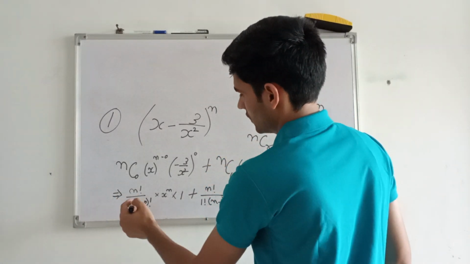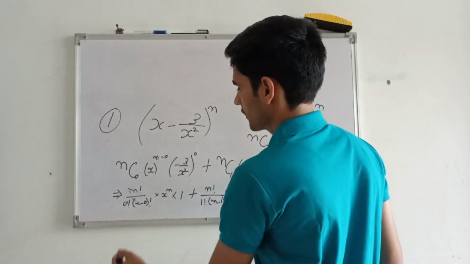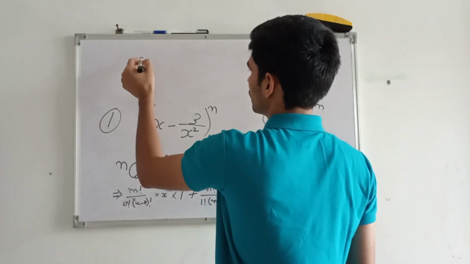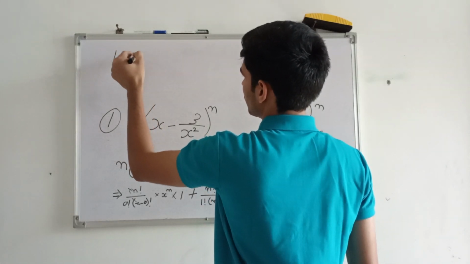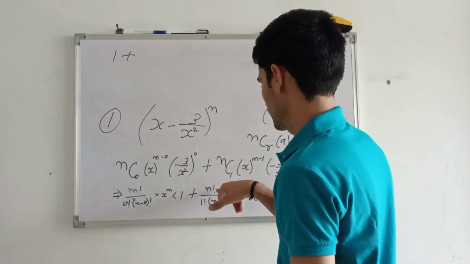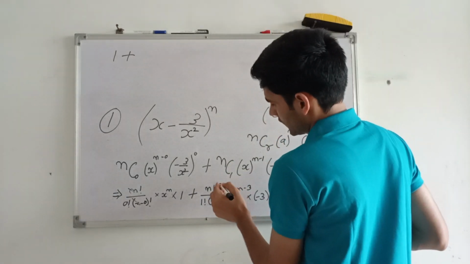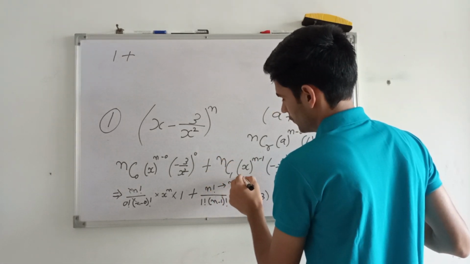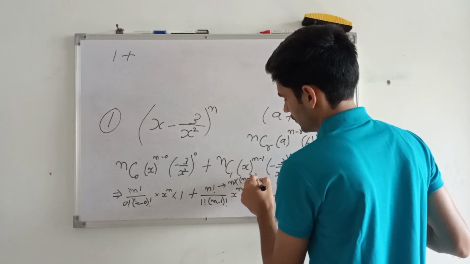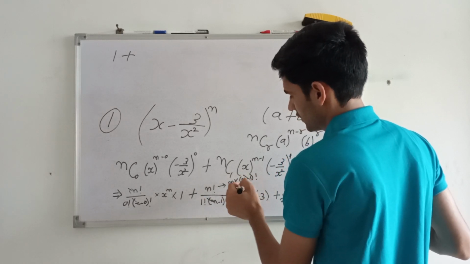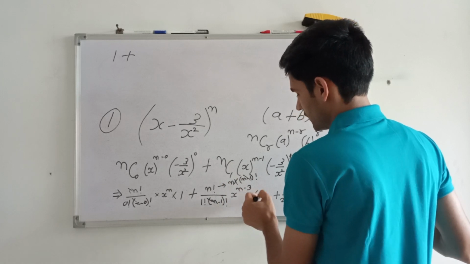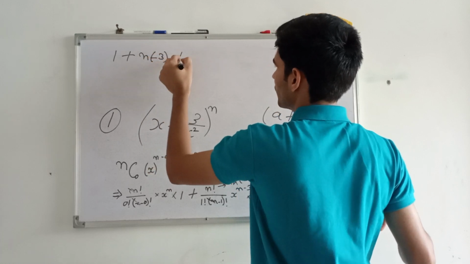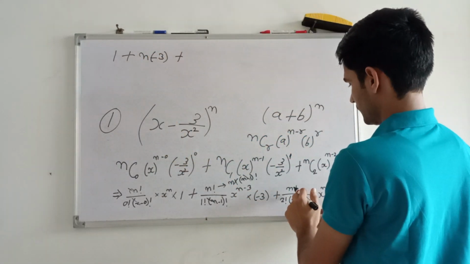It is n, so n will cancel out, and the factorial of 0 is 1, into 1, so 1 plus, this is the second term. n factorial can be written as n into n minus 1 factorial, so n minus 1 factorial will cancel out, only n will be left, and minus 3. So n into minus 3 will be left, plus the third term here.